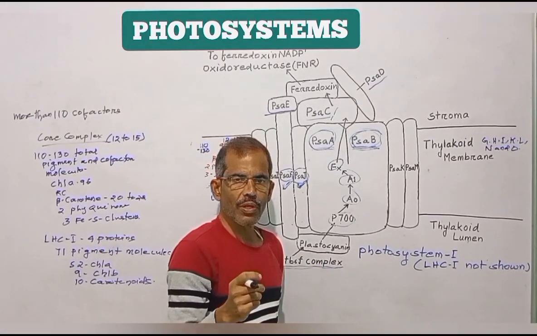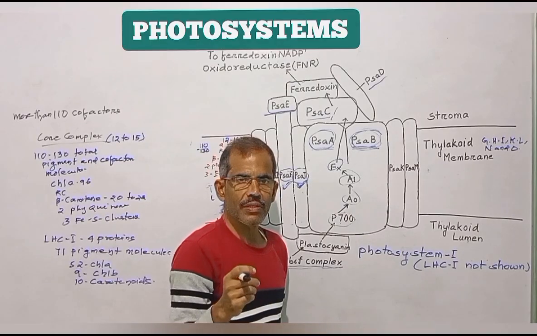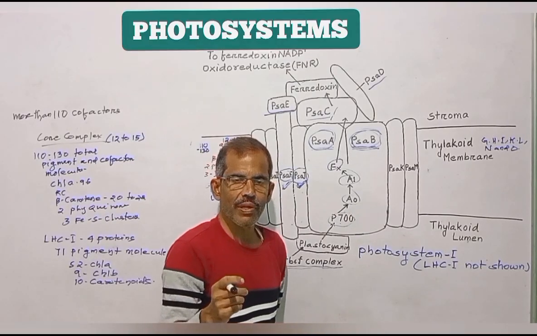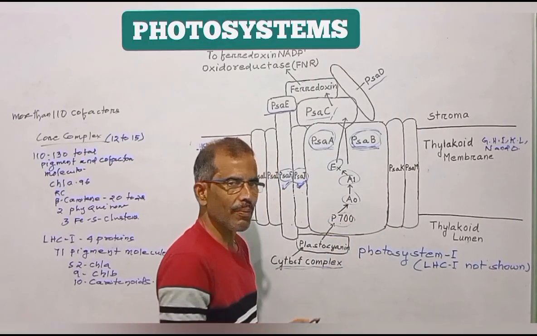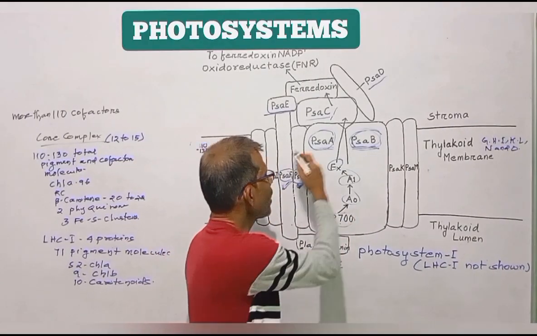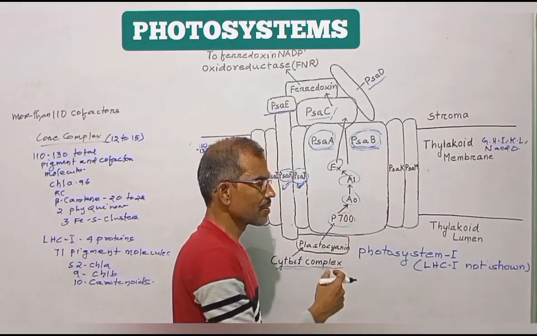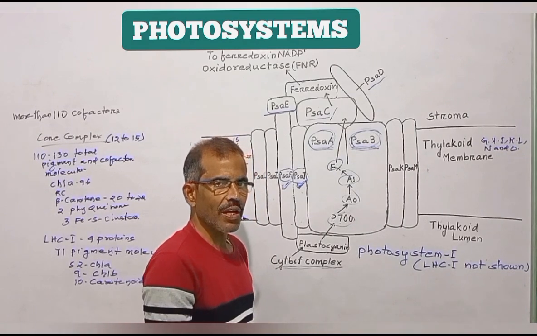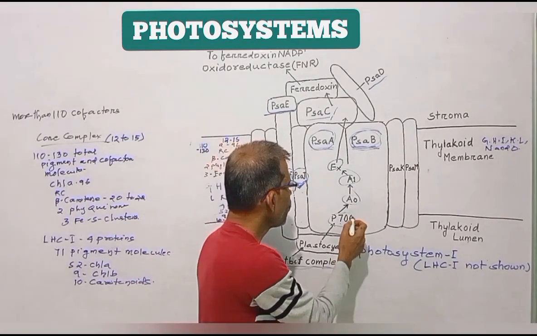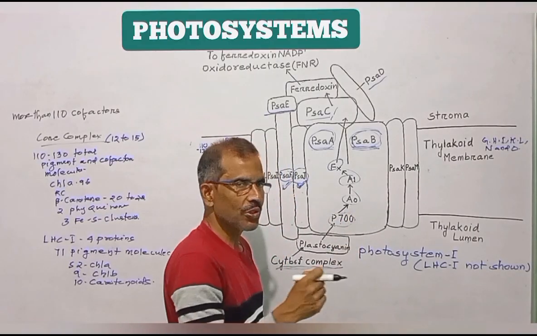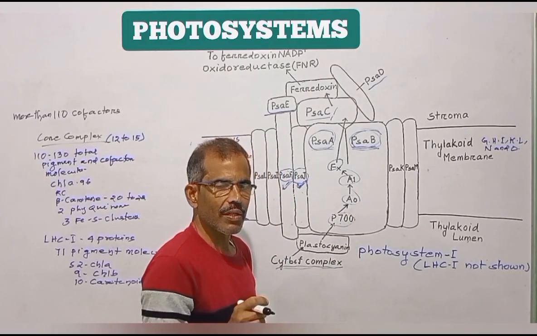The function of the light harvesting complex is to absorb light of different wavelengths and transfer this energy to the core complex. In the core complex, the reaction center, when it absorbs this energy, gets excited. As a result, one of its electrons is boosted to a high energy level.